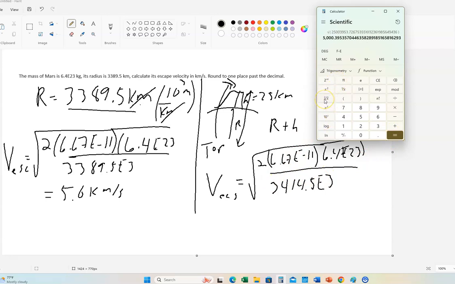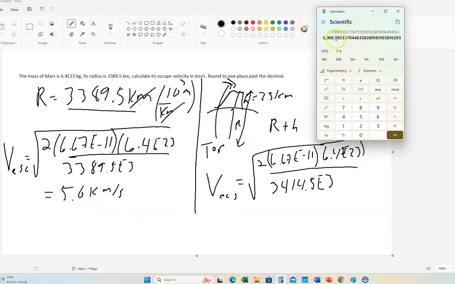Equals, and then I take the square root of that. I get a little bit smaller, though it's not much smaller, because compared to the thousands of kilometers to the center of Mars, you can see it's a little bit different than the other one.